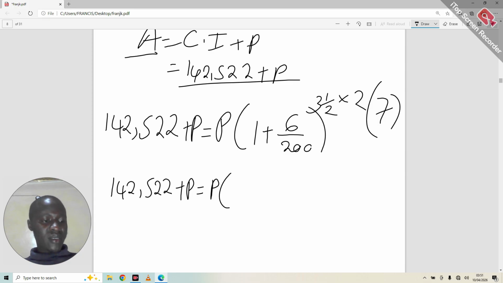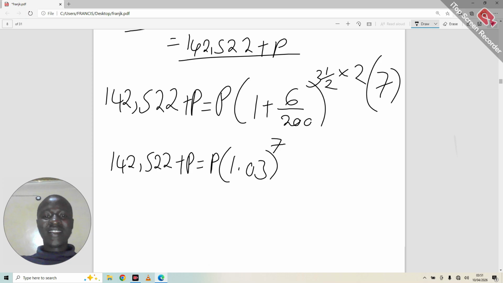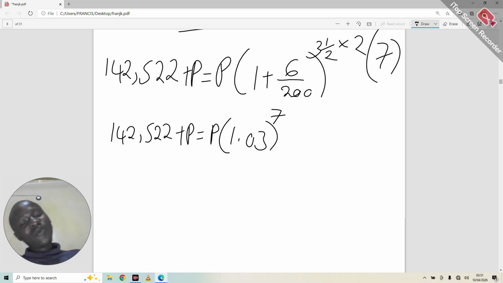That is 1.03 power 7. You'll see most of the students starting to mess. They want to get the 7th root. They want to cancel out. They're trying to remove the power.